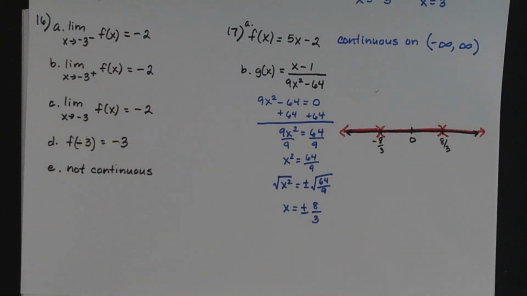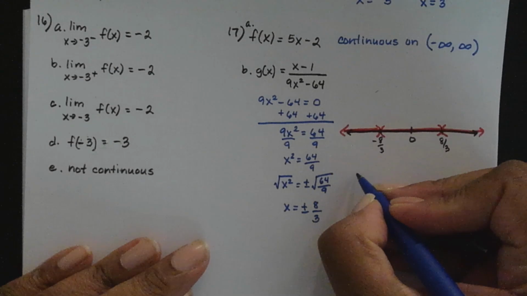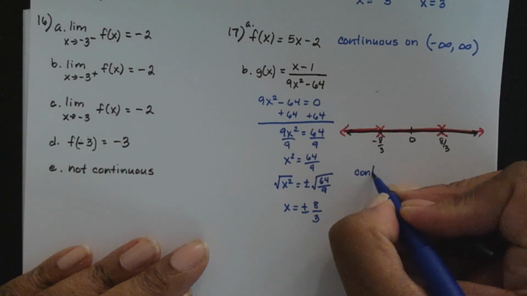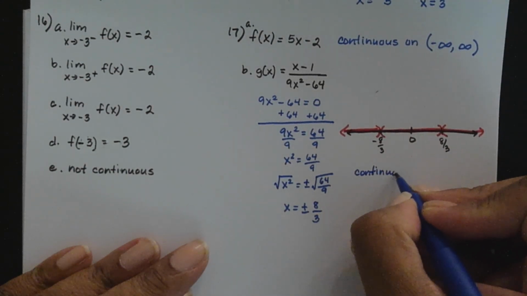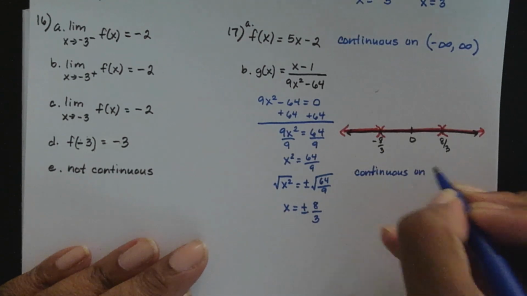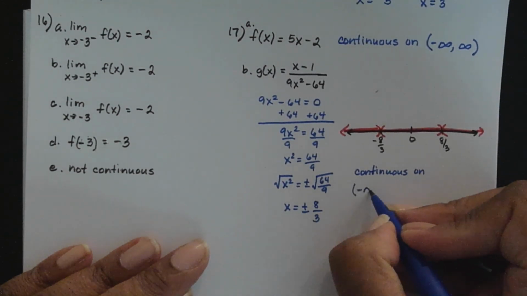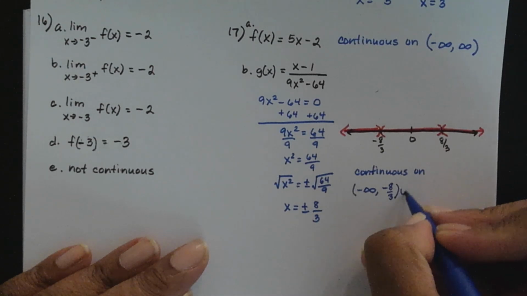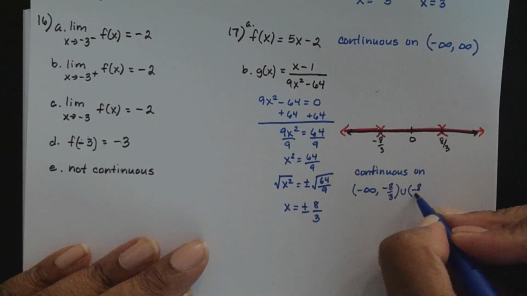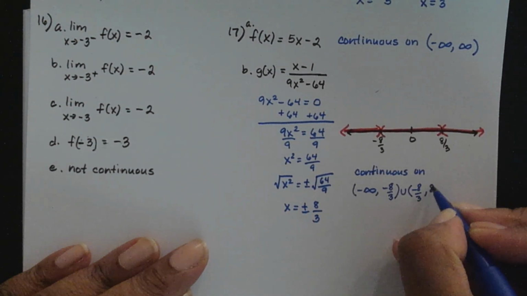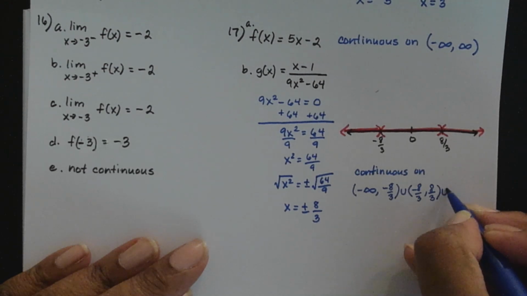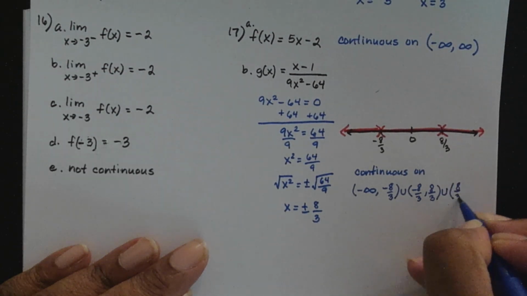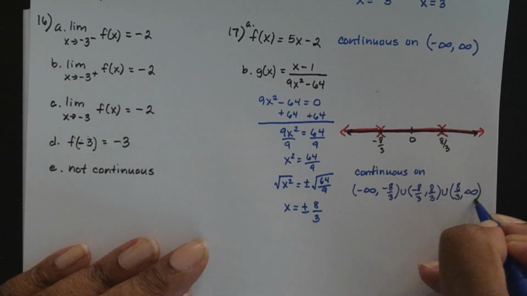So here's the interval where it's continuous. From negative infinity up to negative 8/3, or from negative 8/3 to 8/3, or 8/3 to infinity.